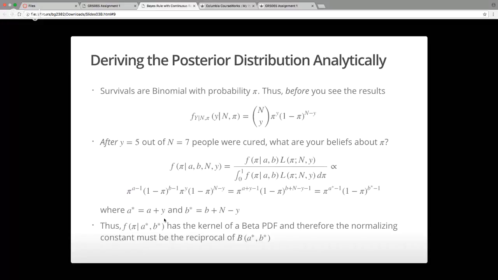And so before you see the results, you have this binomial probability mass function, n choose y, pi raised to the power number of survivals times 1 minus pi raised to the power number of deaths. And when you observe that 5 out of 7 people with Ebola were cured, then you can use that to update your beliefs about the cure probability.